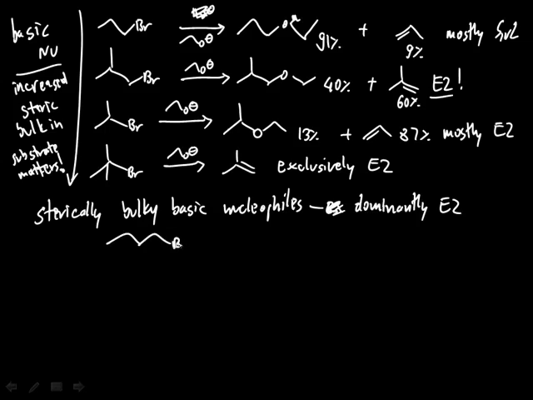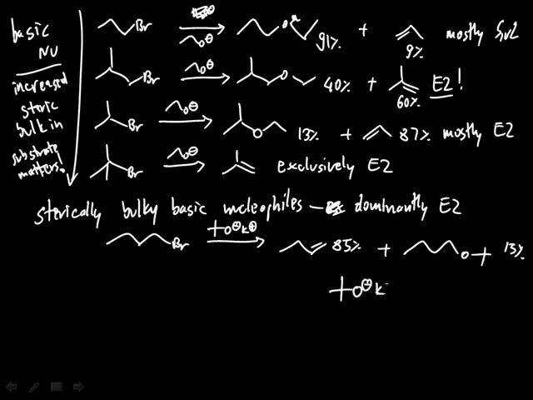We start with 1-bromobutane and treat this with potassium t-butoxide, a sterically bulky version of ethoxide, to get 85% of elimination product, but also just 15% of our substitution product. Examples of these bulky bases would be things like t-butoxide or lithium diisopropylamide.